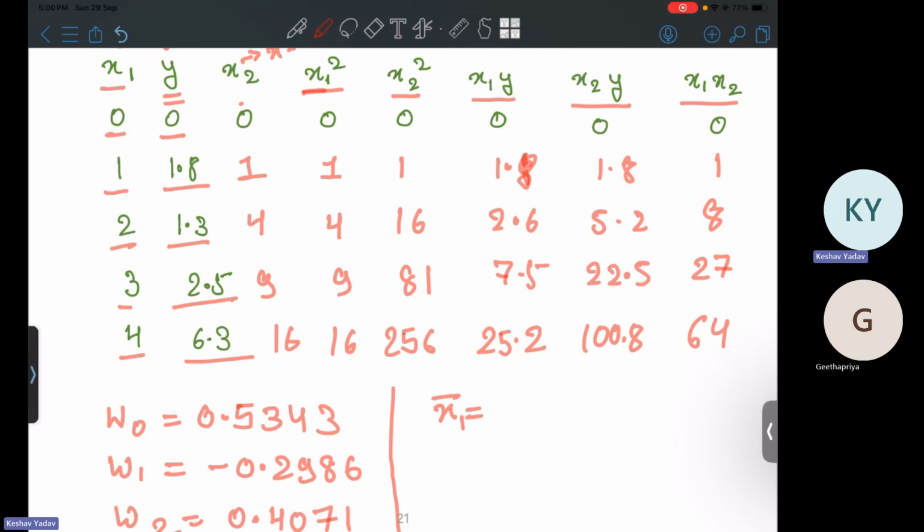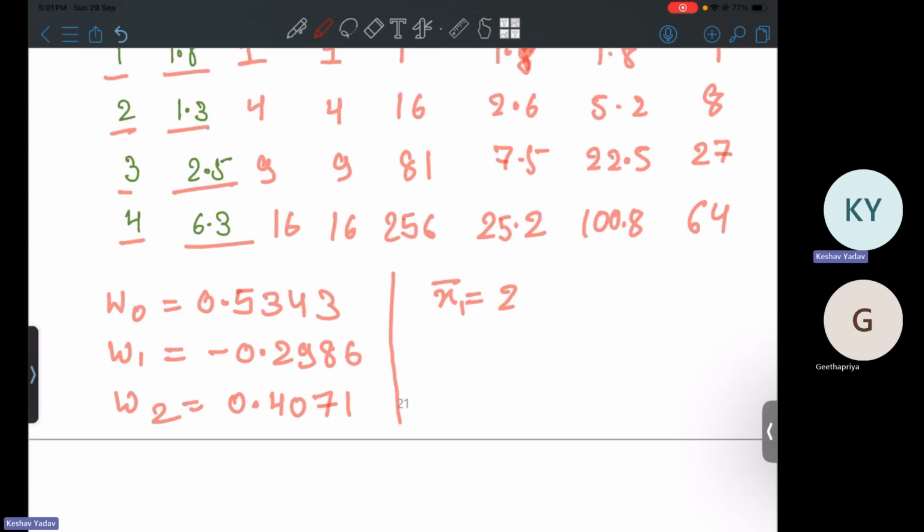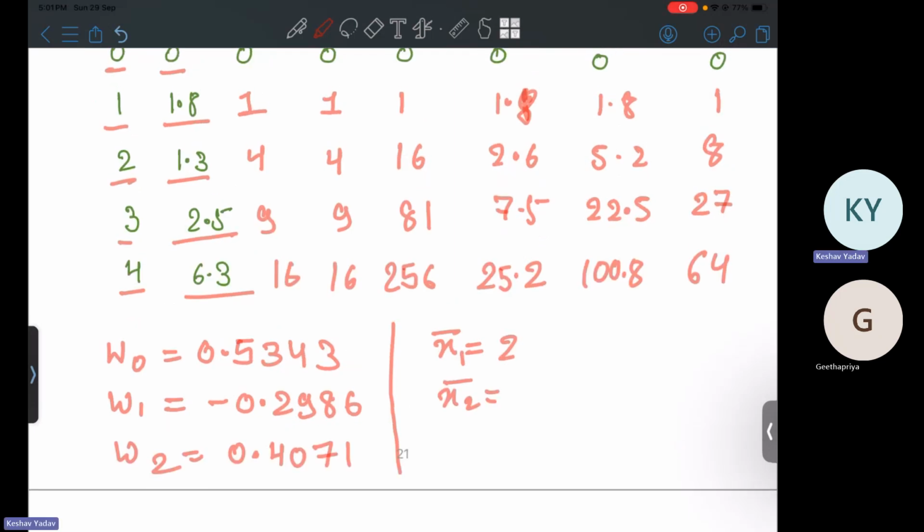This will be equal to 2. Okay. Now x2 bar will be equal to what? 1 plus 4 plus 9 plus 16 divided by 5. That will be equal to 6.